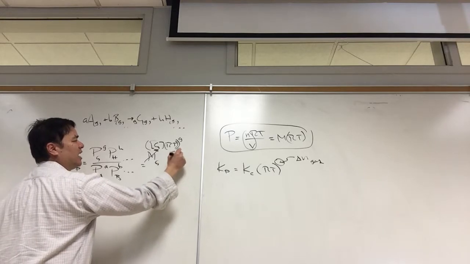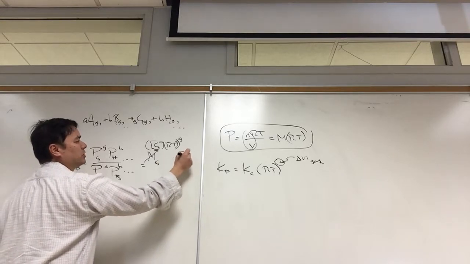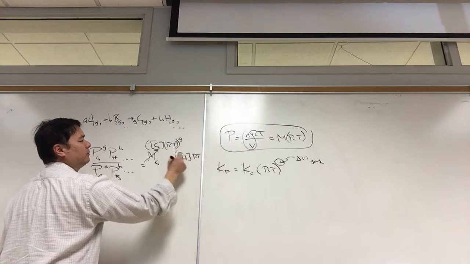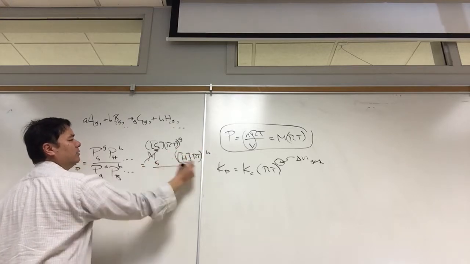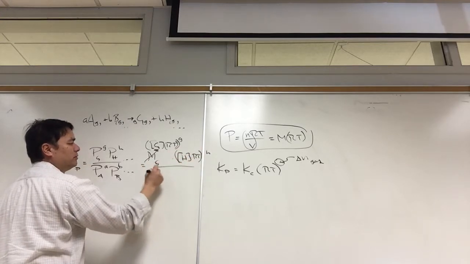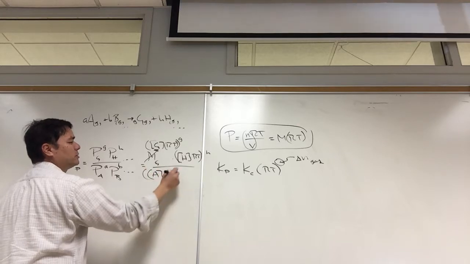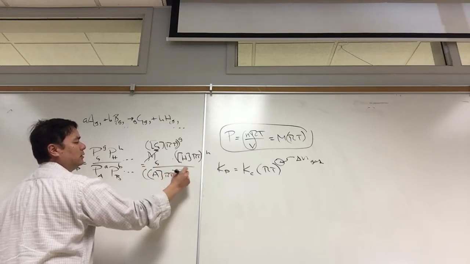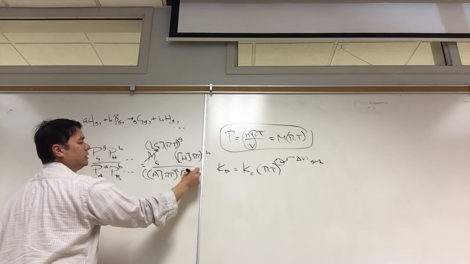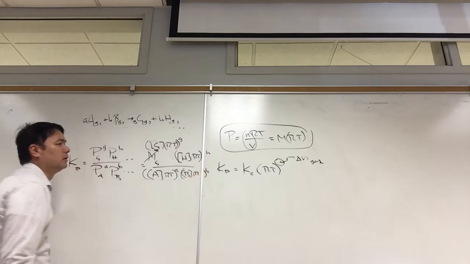This is going to be times the concentration of H times RT raised to the little h power, divided by concentration of A, RT raised to the little a, concentration of B, RT raised to the little b.